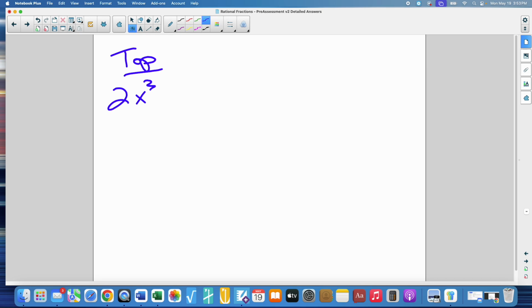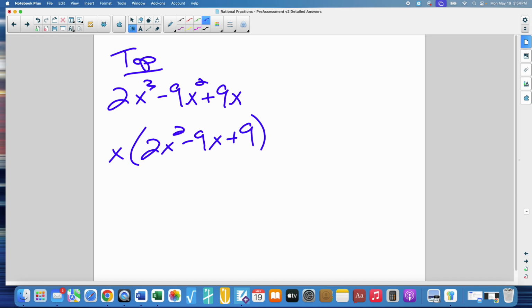So you have 2x to the 3rd minus 9x squared plus 9x. So remember, is it in standard form? Yes. Is there a common factor? Yes, there's actually an x that we can factor out. There's no constant that is in common of 2, negative 9, and 9, but they all do have an x. So let's take an x out. And we get this. If we take an x from each of those 3, we're left with this.